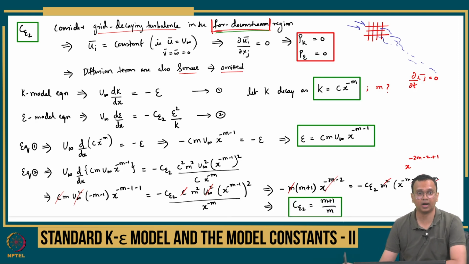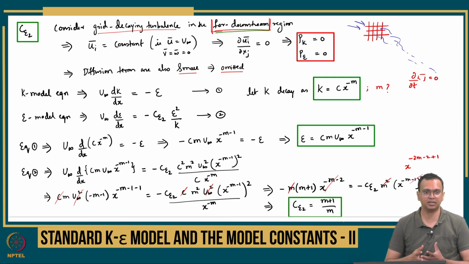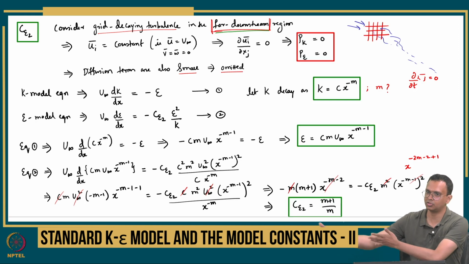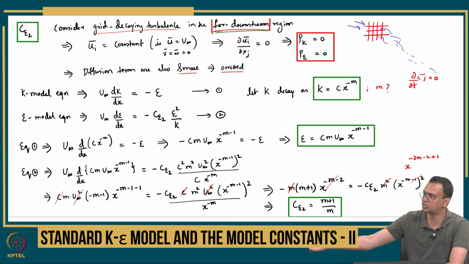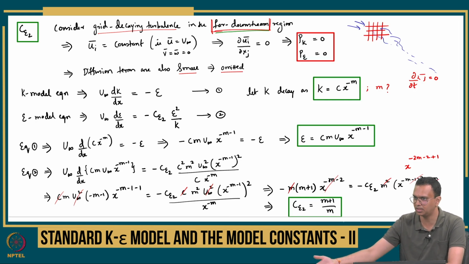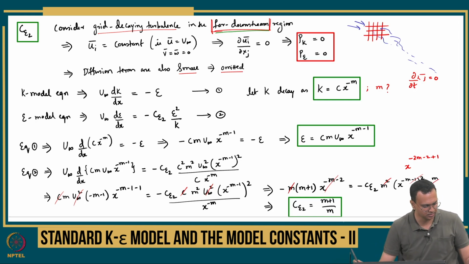Now I can go and measure a grid decaying turbulent flow, far downstream, and see what this m is, how k is decaying as 1 over x raised to m. So I can get m from the experimental data, the decay rate there, and from that I can get C epsilon 2.